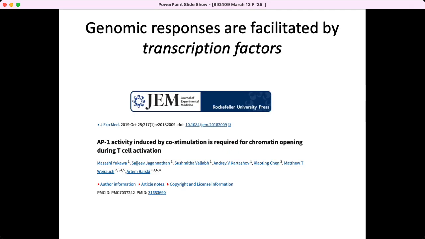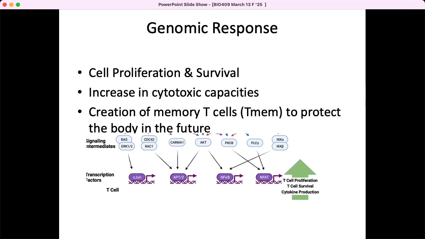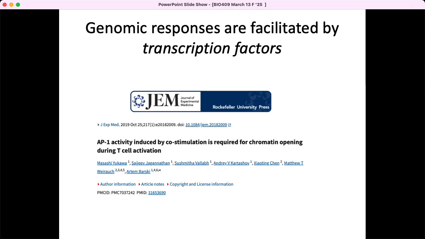The one thing I do want to say about this is AP1, you see it in the second from the left right there. So here's a journal article, 2019, Journal of Experimental Medicine: AP1 activity induced by co-stimulation is required for chromatin opening during T cell activation.